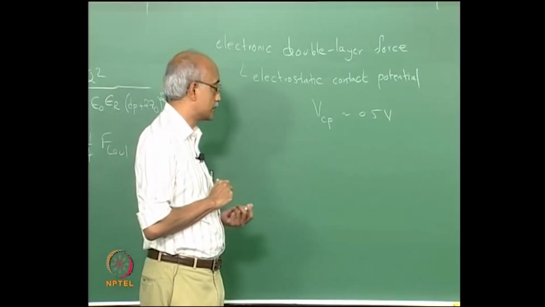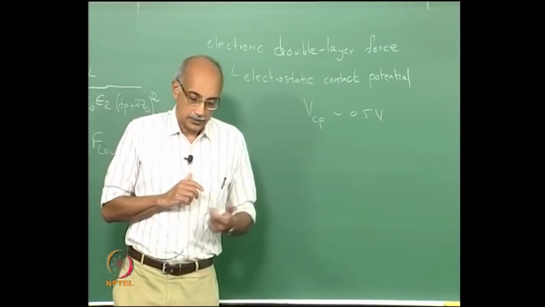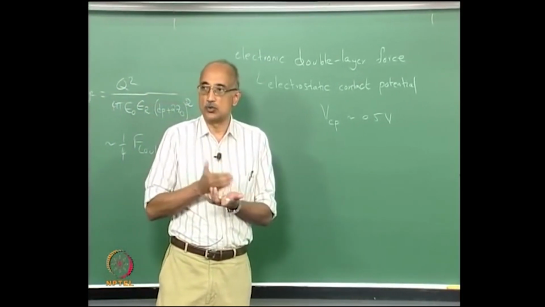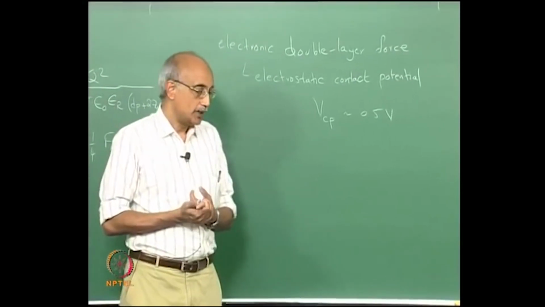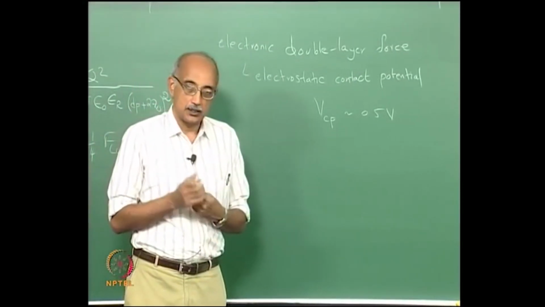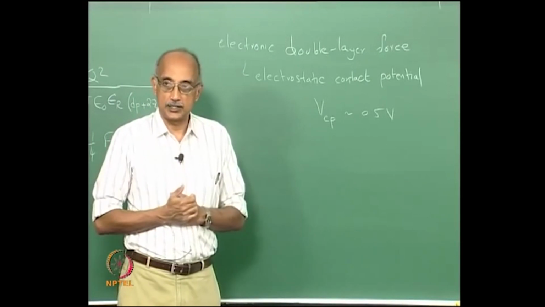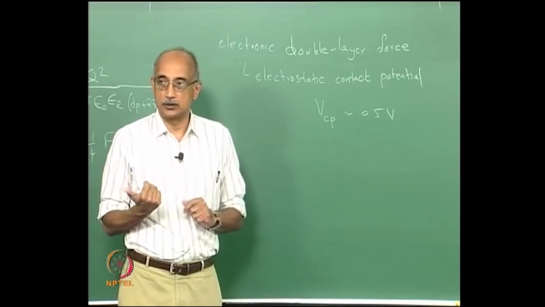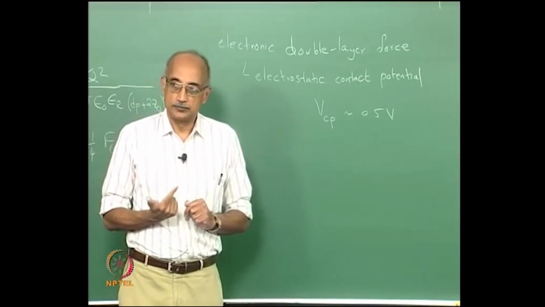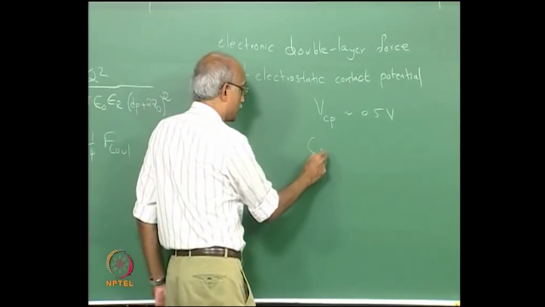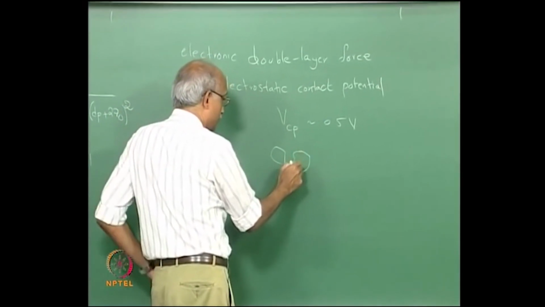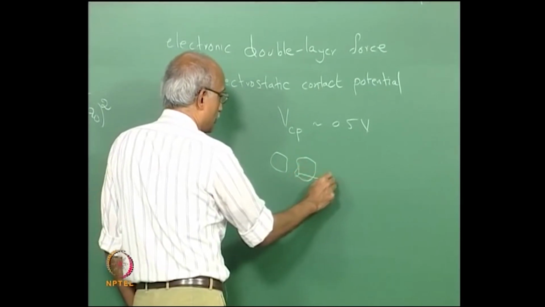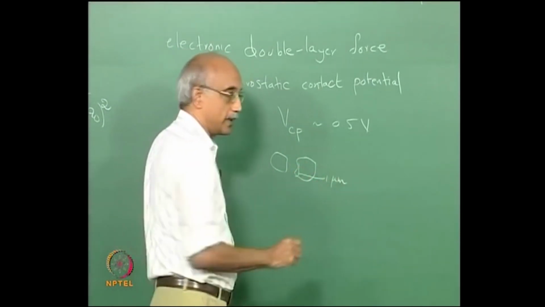Now, basically this potential sets up an electronic double layer between the two objects. This double layer can actually extend even into the object. For example, especially if you have a dielectric particle, semiconducting particle, or an insulating particle, and you have two particles that are adjacent to each other, this field can actually extend into the particle up to 1 micron.